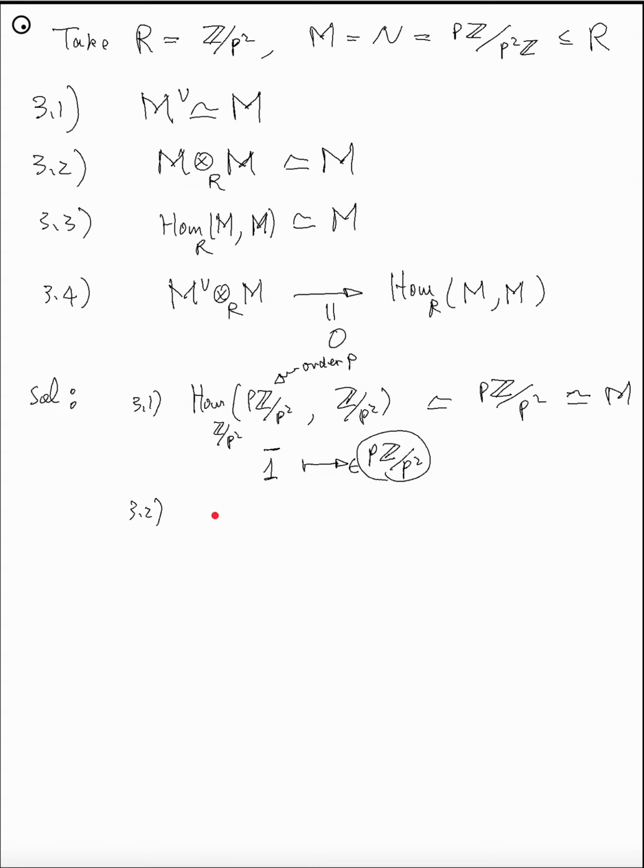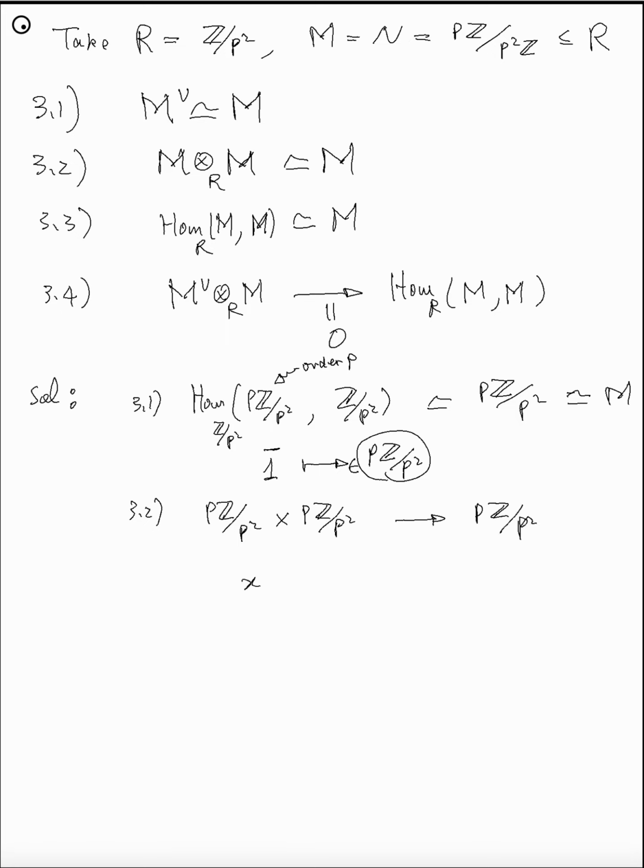3.2. So you have pZ/p squared times pZ/p squared, a bilinear map.